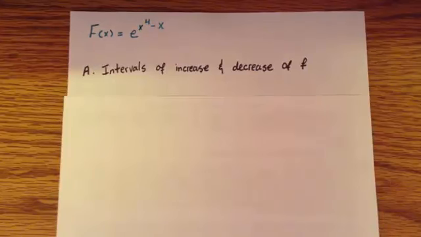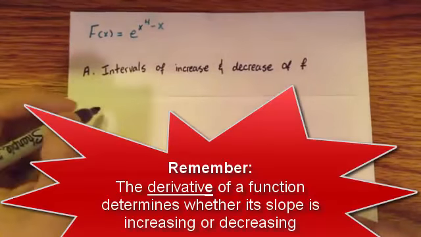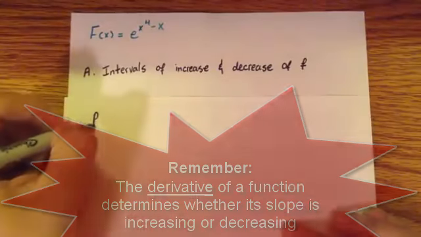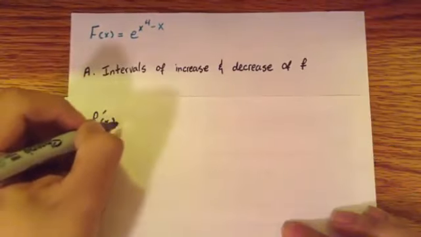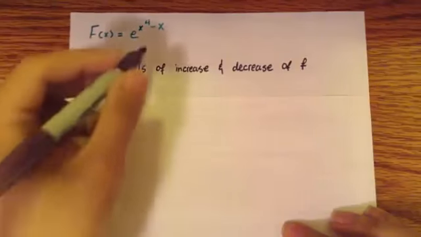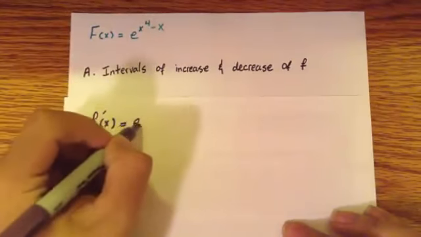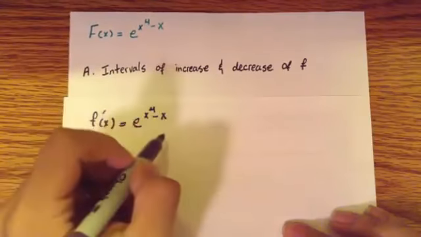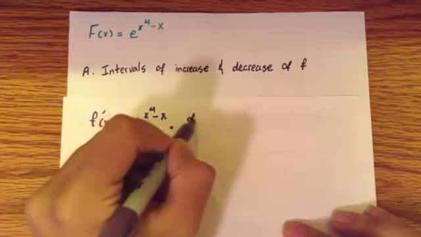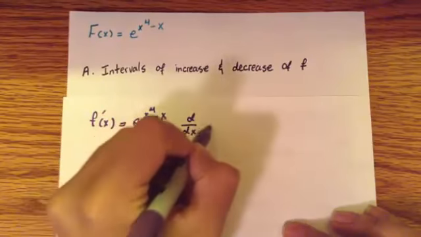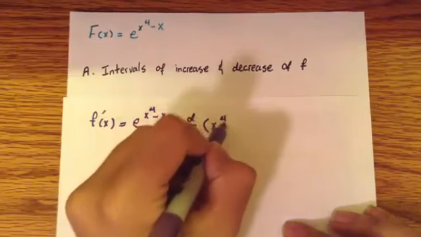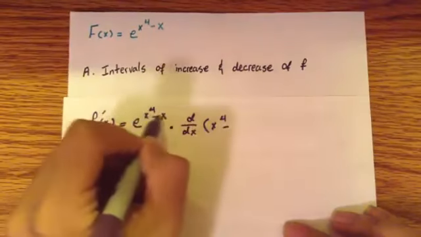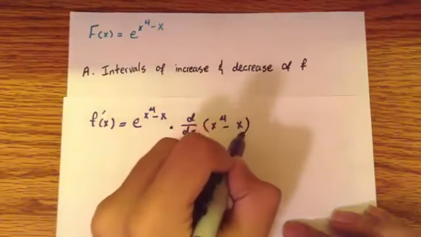Okay, so let's get to the first part of our problem. In order to find the areas of increase and decrease, we need to take the derivative of our function. So f prime of x equals, we're going to leave the first part alone, so e to the power of x to the fourth power minus x, times the derivative of x to the fourth power minus x.